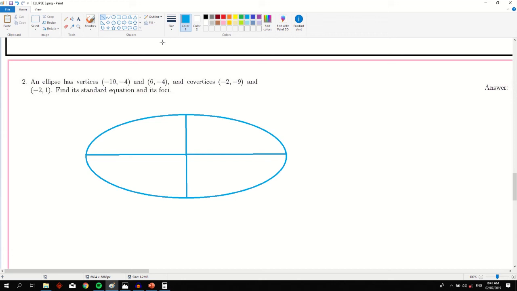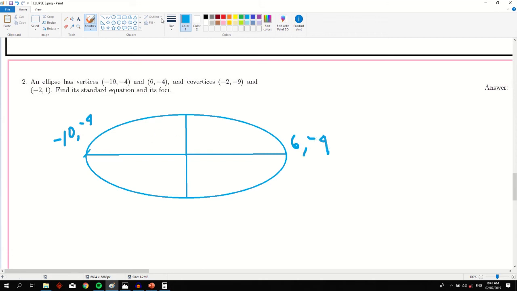So we let this one be negative 10, negative 4, and the other one is 6, negative 4.